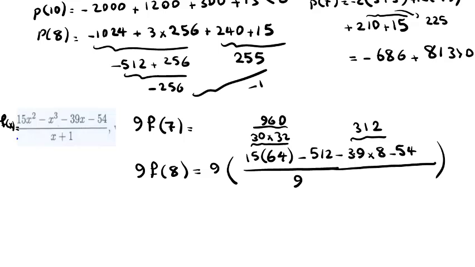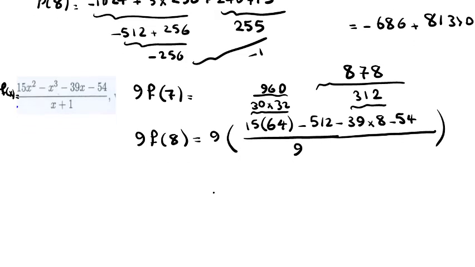We have 2, 7. 8 times 3, 24 plus 7, 31. And then if we add up these numbers, we get 8 and 7. And 3 plus 5, 8. Now if we subtract these two numbers, it will be 9.